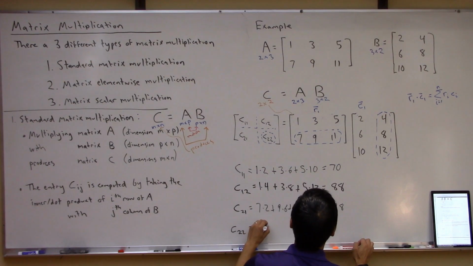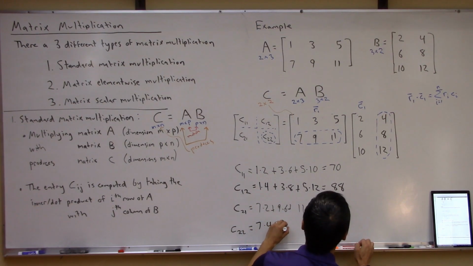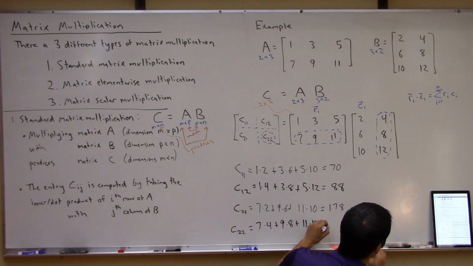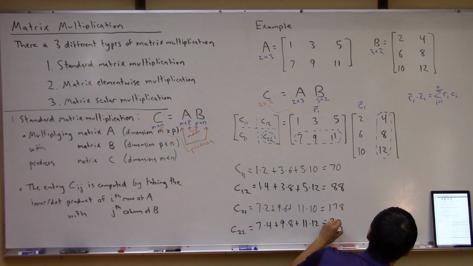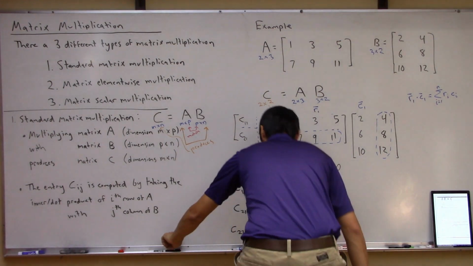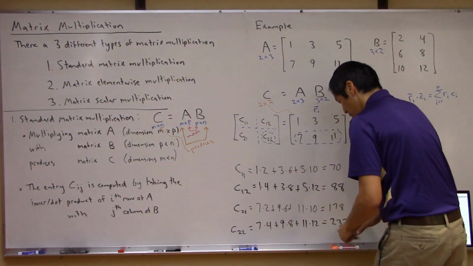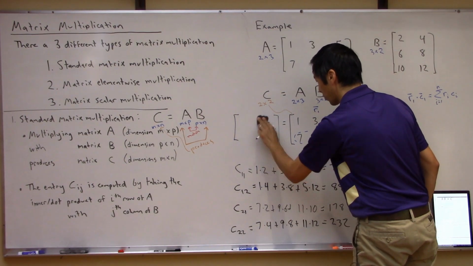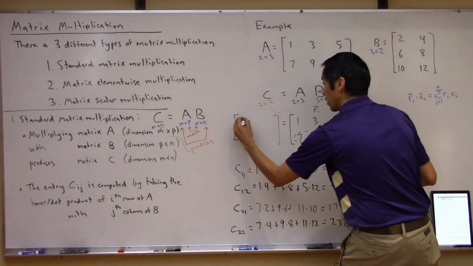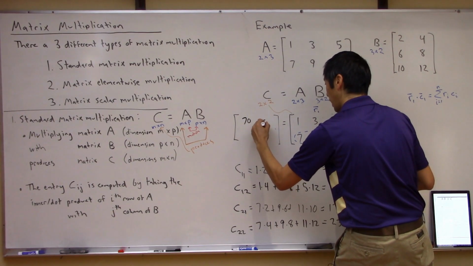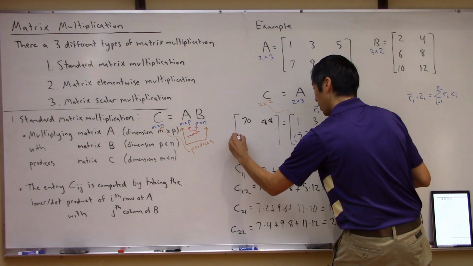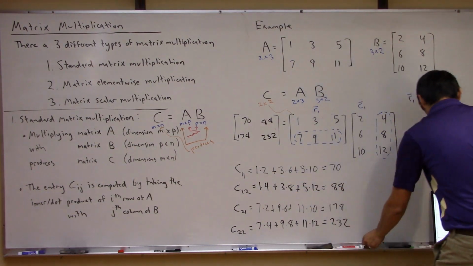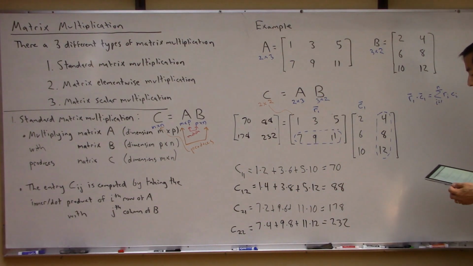It's 7 times 4 plus 9 times 8 plus 11 times 12, and you end up with 232. So at the end of the day, this C matrix here, we can just fill in these numbers: 70, 88, 178, and 232. There we go.